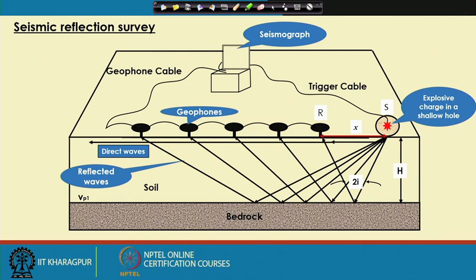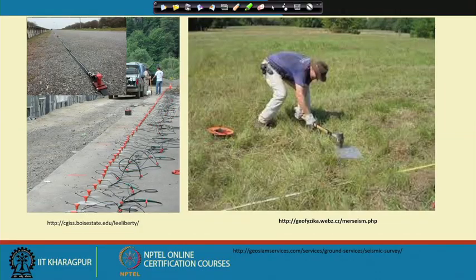So, here you can see how these waves are generated. There is a possibility that we can do a small explosion, or we can make some hammer blow.